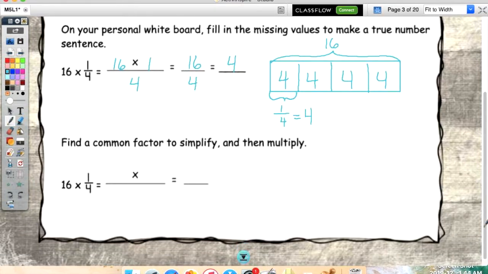So I still set this up the same way. 16 times 1 divided by 4. But I'm going to simplify it. So what can I divide both of these by? 2, but I think I could go higher than 2. 4. So what's 4 divided by 4? What's 16 divided by 4? 4. So now I'm going to do 4 times 1 over 1, which I don't have to write that 1. So it's 4. Clever, huh?